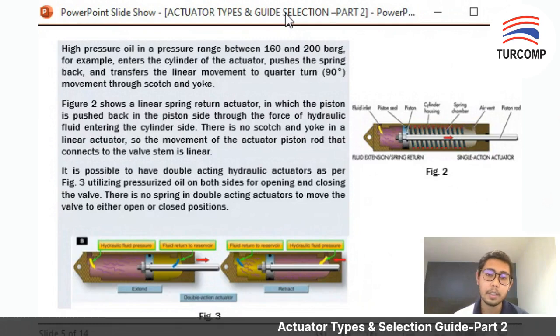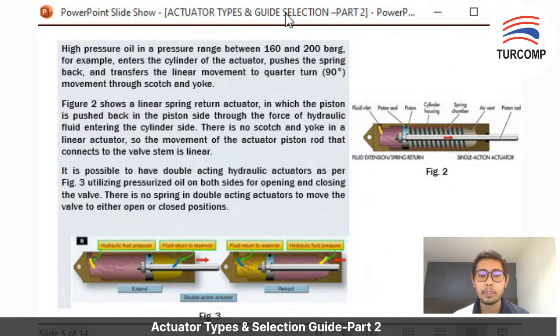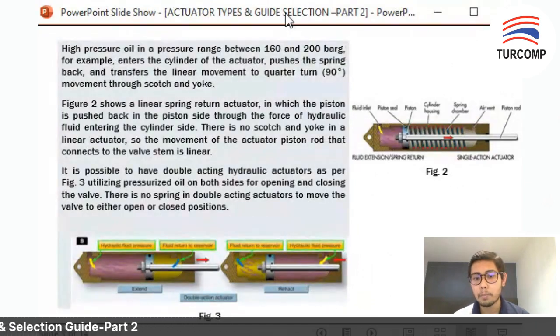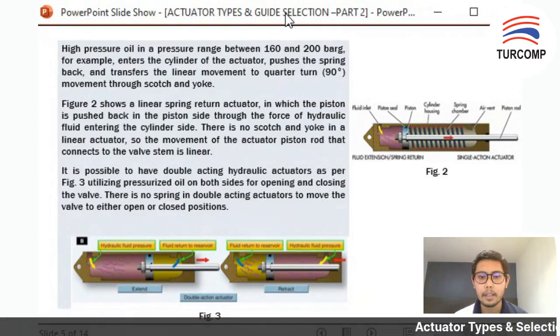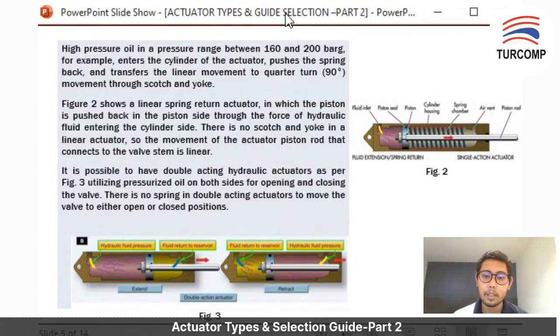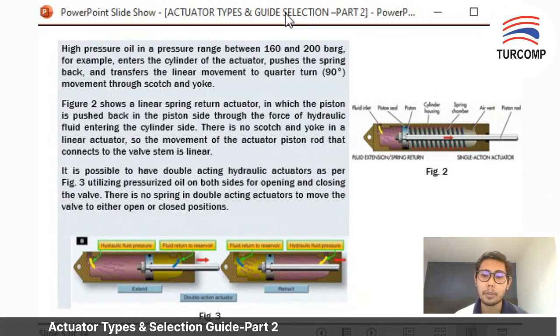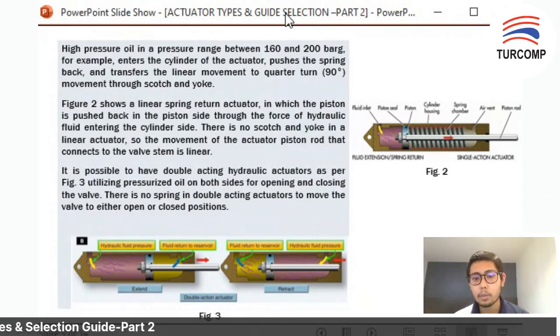Spring return actually refers to a single acting actuator, in which the piston is pushed back in the piston side through the force of hydraulic fluid entering the cylinder side. There is no scotch and yoke in a linear actuator, so the movement of the actuator piston rod that connects to the valve stem is linear.